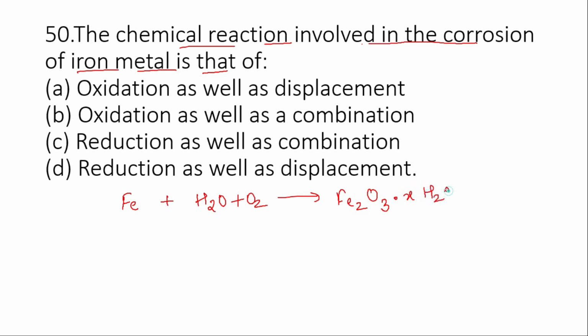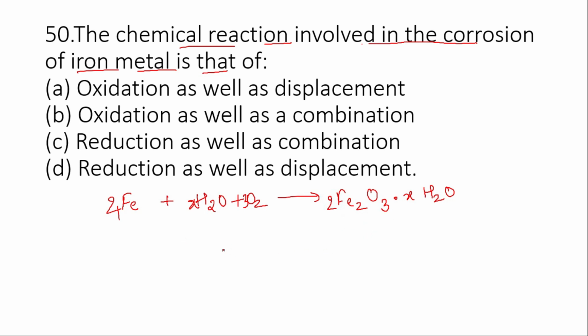You can simply balance it also. If you want, you can balance it. So this is your x and 2, and oxygen you can write as, not 2 actually, you should write 4. You should just give here 3, right, and the molecules will be like this. So this is the balanced equation for the rusting.